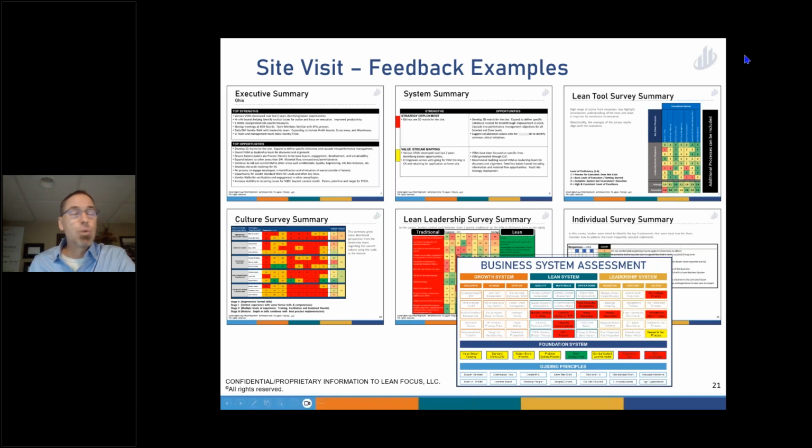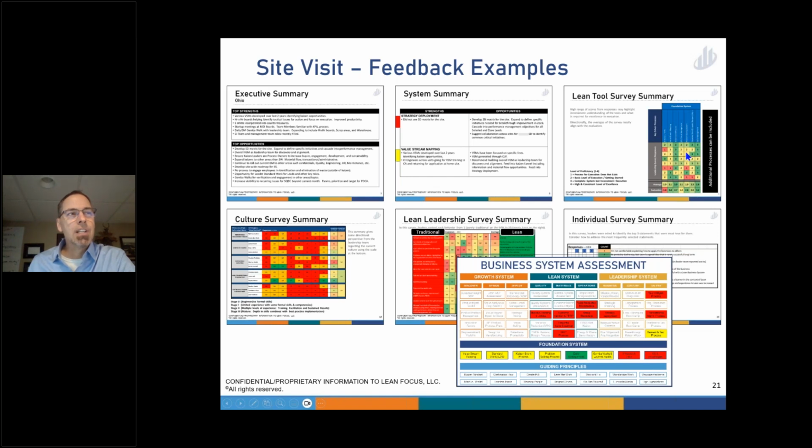Looking at the lean tool survey, with all the surveys that we provide, we get that feedback back. Reading this, I know it's not really meant to be read, just to visually see it, but it's a matrix. Across the rows are each of the individual submissions and how they rate each one of these processes in the vertical.